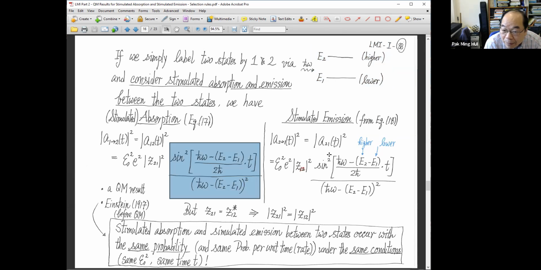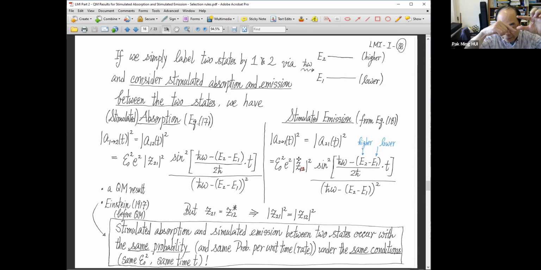But for the emission one, I have to go with this idea. So I will have the higher one minus the lower one. And then if that hits the right frequency, I will have stimulated emission. So I'm rewriting the two equations using this new labeling.